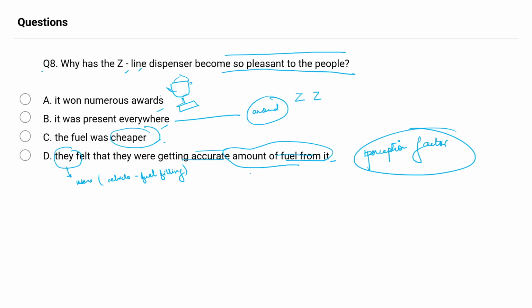We have got one option for option D, which is they were getting the correct amount of fuel from it. Are there any more options which you think might be correct? Z line and why it became so pleasant to the people, or you can say more acceptable or more trustworthy.